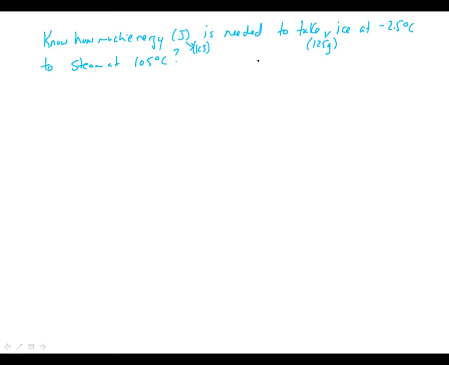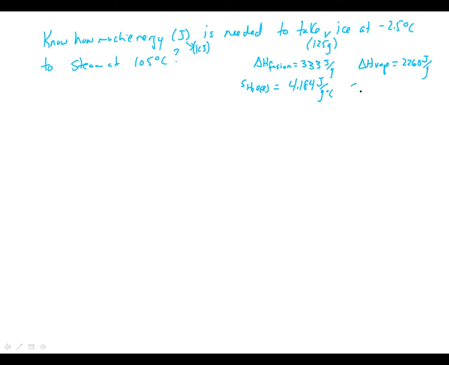Let me give you some information that will probably be helpful. Delta H of fusion for water, you could use 333 joules per gram. Delta H of vaporization for water is 2260 joules per gram. Specific heat of liquid water is 4.184 joules per gram per degree Celsius.